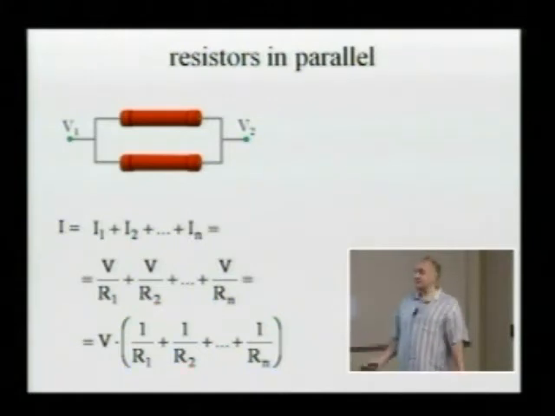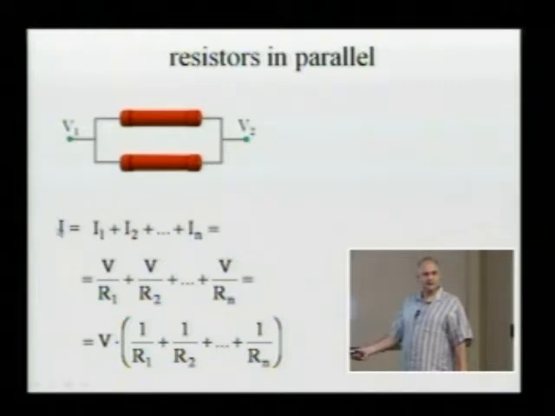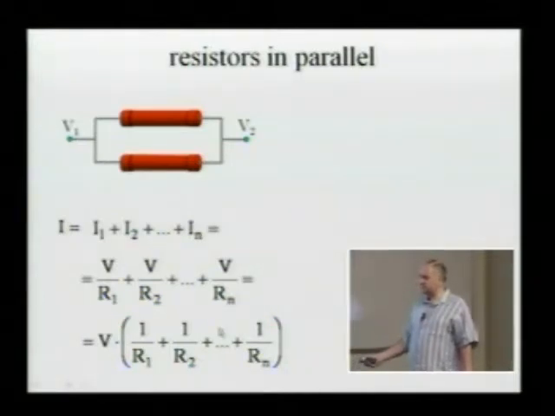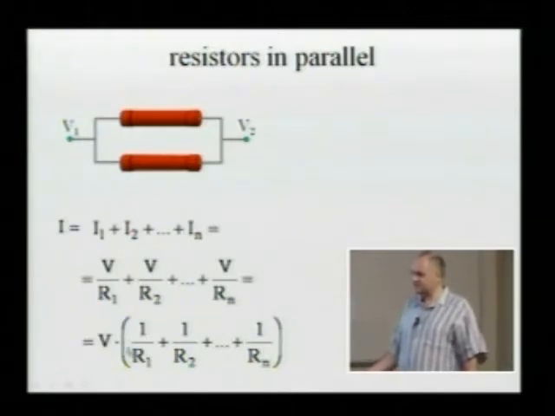Because, well, Adam said that we have to show that current through the system is proportional to the voltage across the system. And we got it. Now, this is the proportionality coefficient. However, this is not resistance.